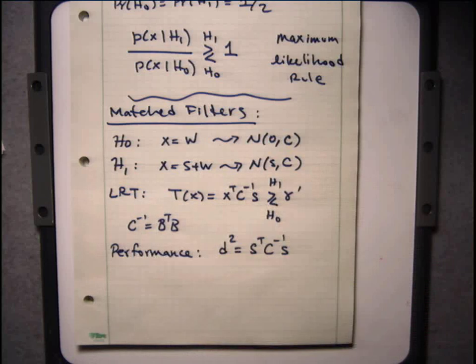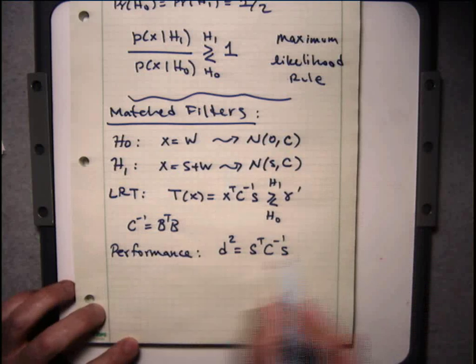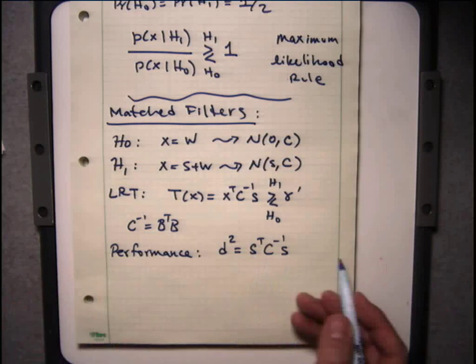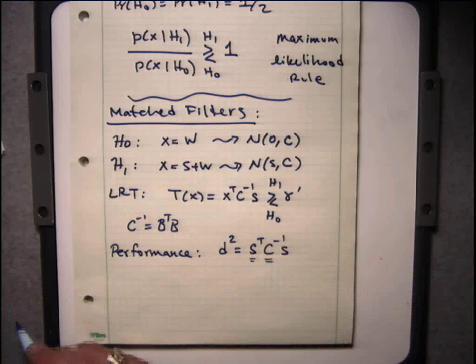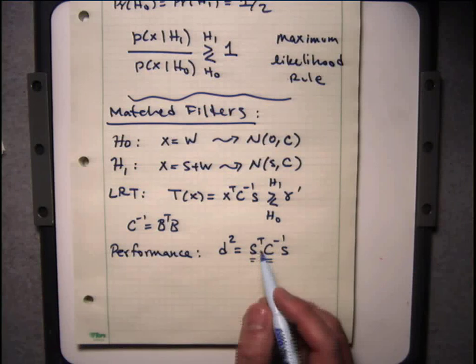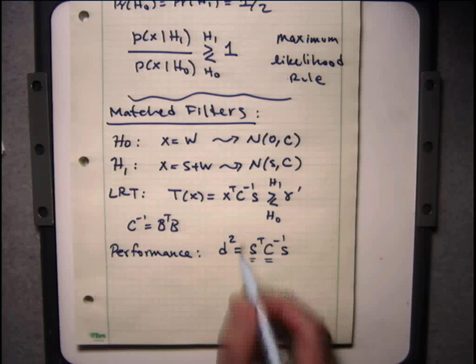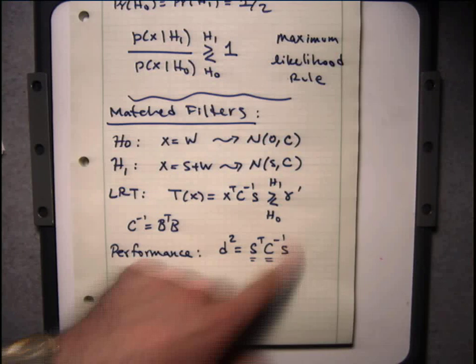Okay. We also discussed how with this, because the performance of this type of thing depends on S transpose C inverse S exclusively, you have two components here. You have the signal component and then the noise component here. The noise appears in C inverse as a covariance matrix. So if you wanted to maximize your performance, you could choose how you select the S in such a way as to maximize the performance, and that gave us various guidelines for how one might choose to design a signal to maximize this criterion.